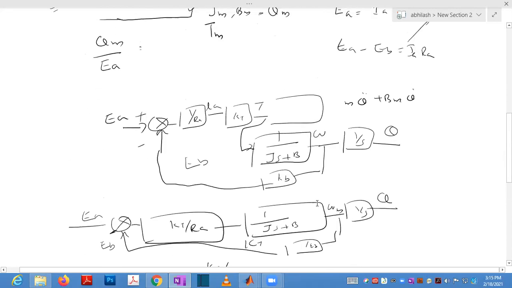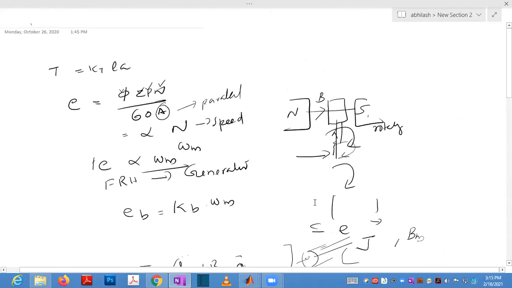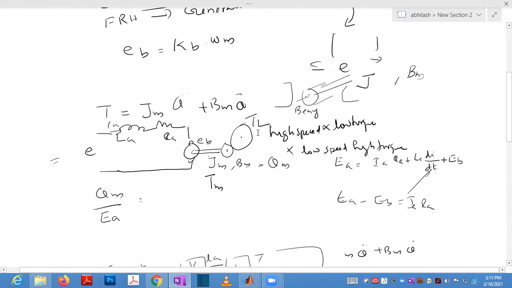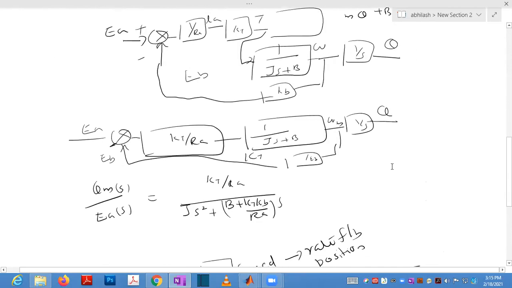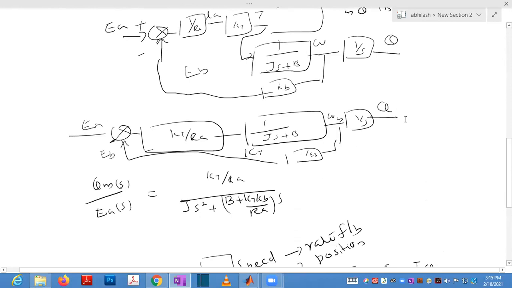From here it is connected to the load side, and here you are getting theta m. To convert that theta m to theta L, what should you do?